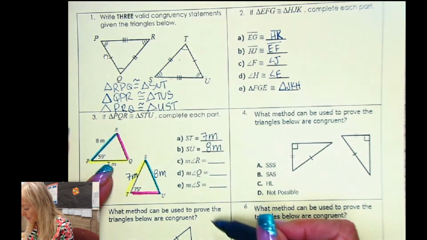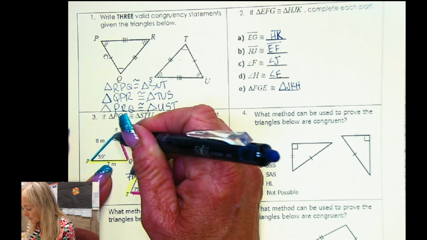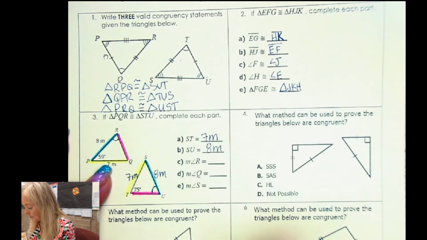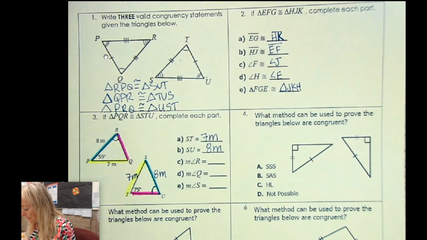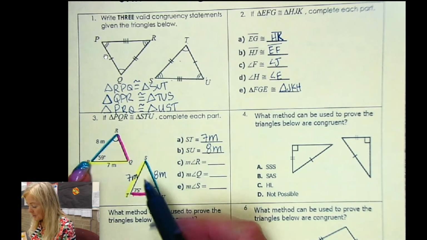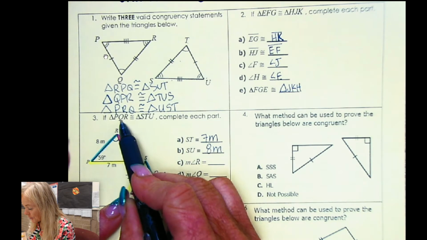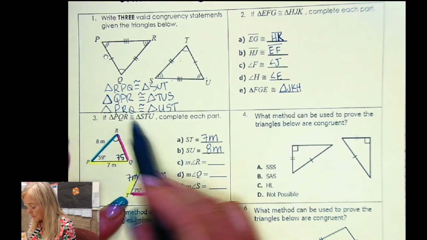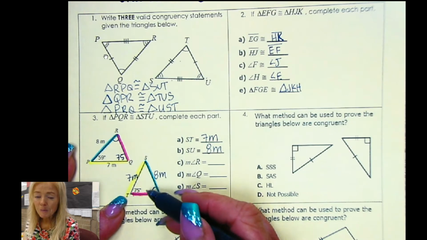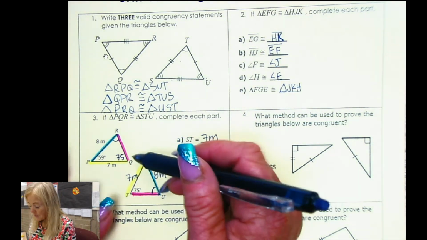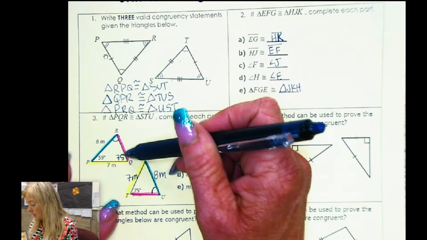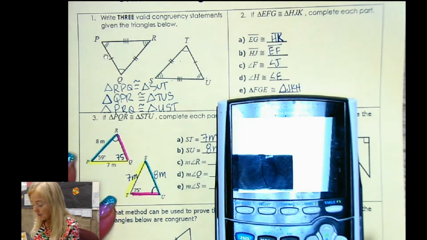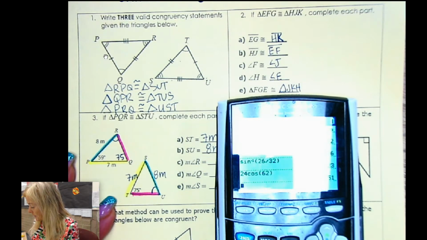And then the measure of angle R, and it's between blue and pink. Those are the 2 angles that are congruent. And we don't know either of them, do we? But if we know T is 75, then Q must also be 75 because they're in the same position, so they're both congruent and corresponding parts. So if we add those together and subtract from 180, we're going to know what that is.